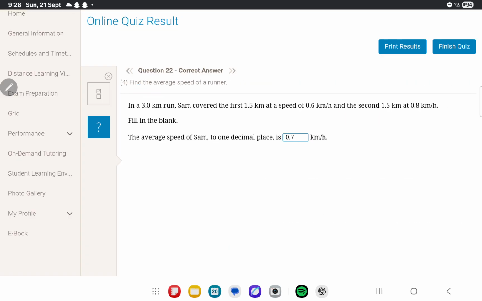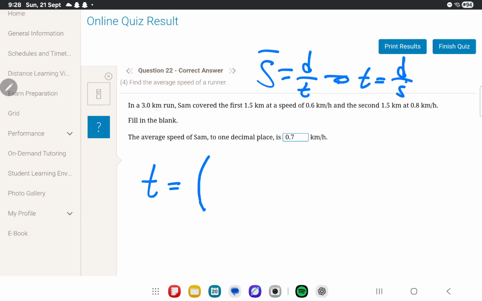In a 3 kilometers run, Sam covered the first 1.5 kilometers at the speed of 0.6 kilometers an hour and the second 1.5 at the speed of 0.8 kilometers an hour. The average speed? Okay, so we're going to find the total time. If the formula is average speed equals distance over time, then rearranging the formula, t is going to equal the distance over the average speed, right?